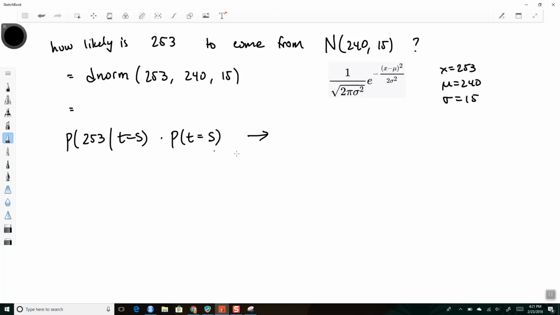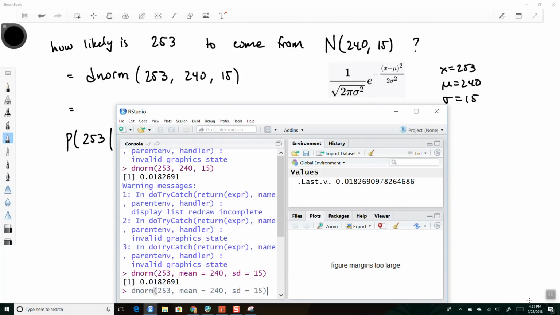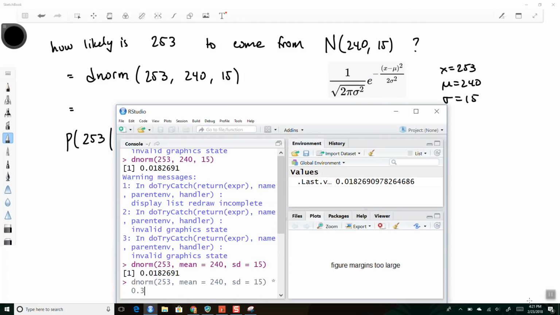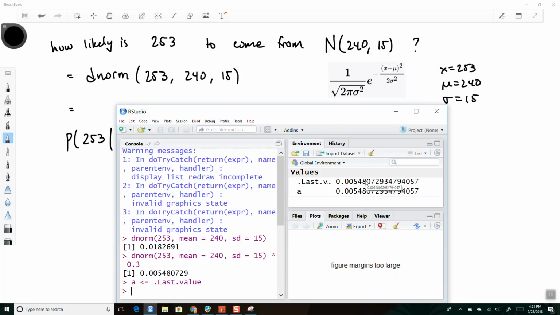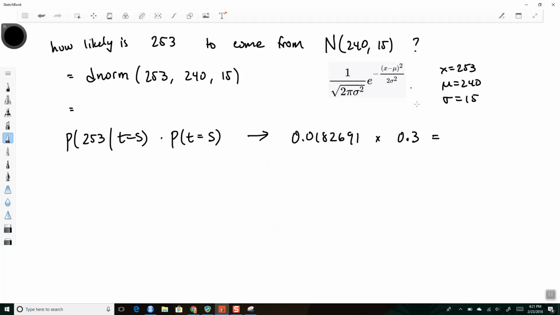0.018269. 0.018269 times 0.3, the prior probability, and we get, we'll just call this A, 0.00548.